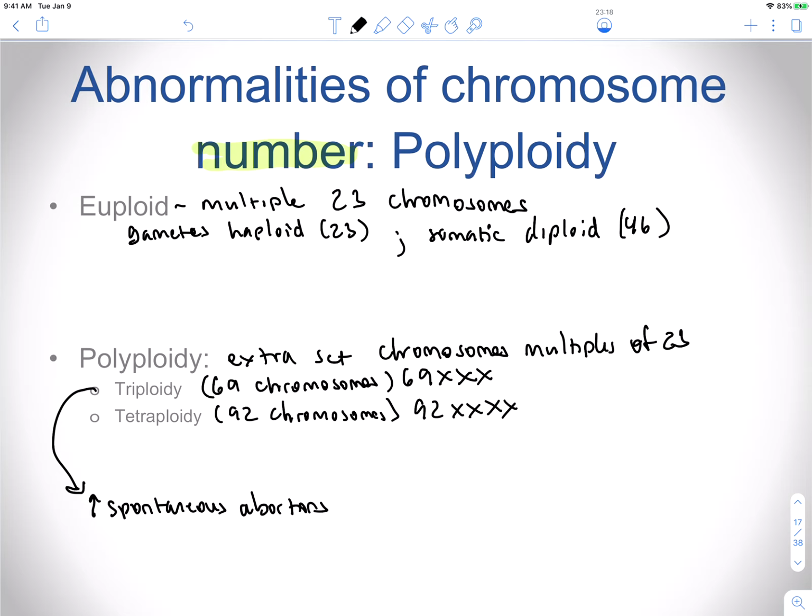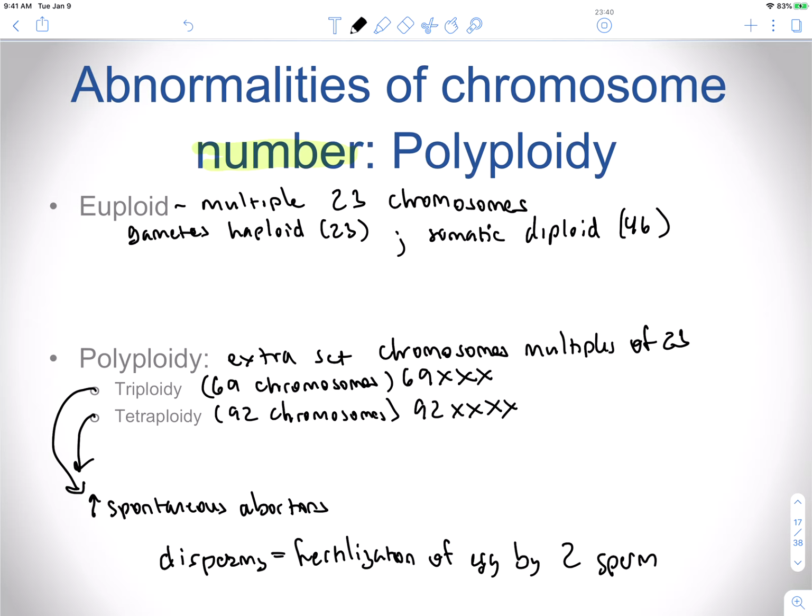It's often caused by fertilization of an egg by more than one sperm. So we have dispermy. And so you get another set of chromosomes in the fetus.